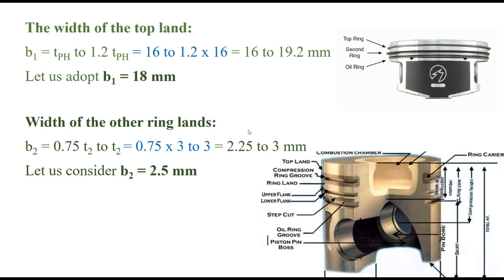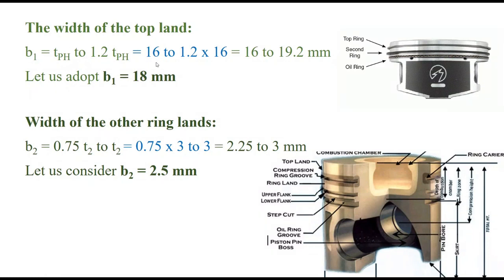Top land is indicated by B1. What should the top land be? It should lie in the range between the thickness of the piston head to 1.2 times the thickness of the piston head. We had two values for the thickness of the piston head, 16 millimeter and 6.7 millimeter.